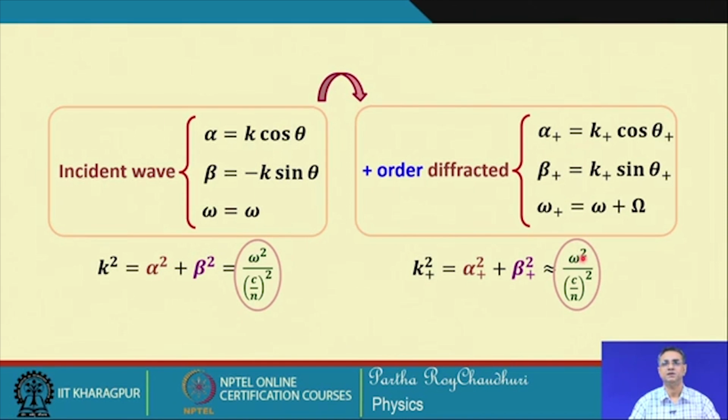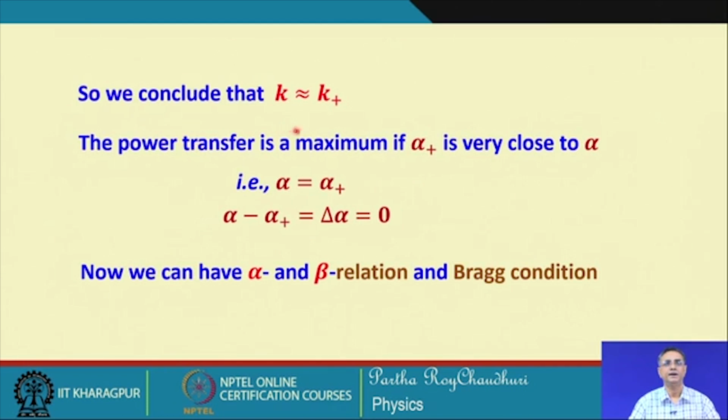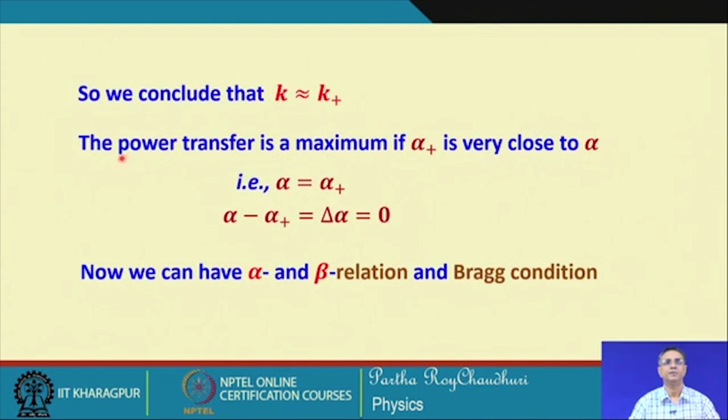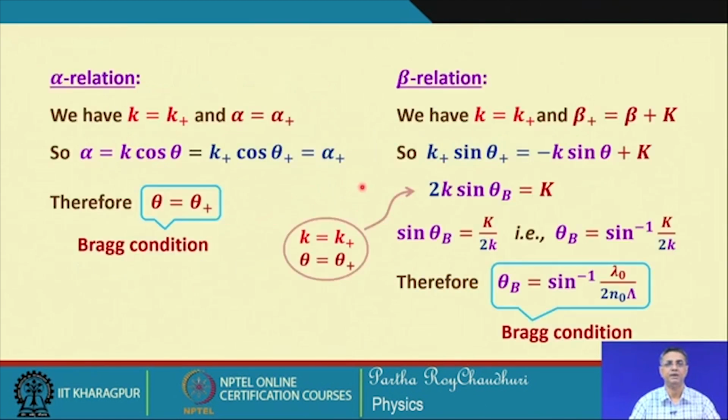This is because capital omega does not play any role here, it becomes very small and negligible. Therefore, we have shown that k plus is approximately equal to k. So the power transfer is a maximum if alpha plus is very close to alpha, that is, delta alpha is equal to 0.